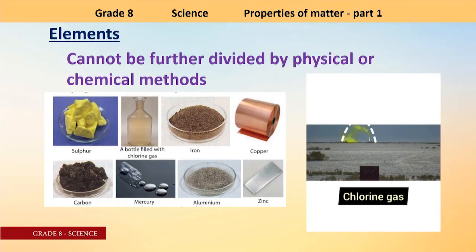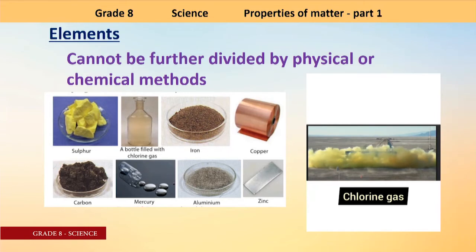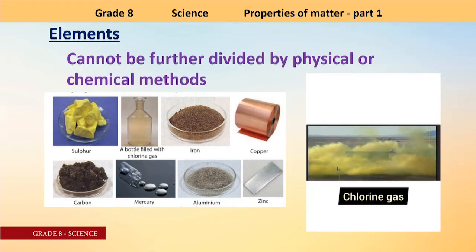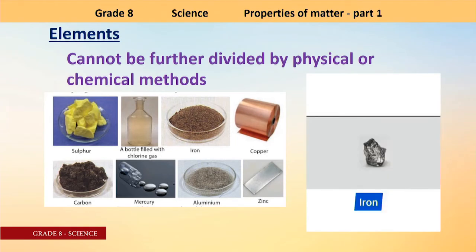Then chlorine gas. Here you can see a chlorine gas plant. Chlorine gas is another element. Chlorine can persist as chlorine gas. Here the iron, another element.